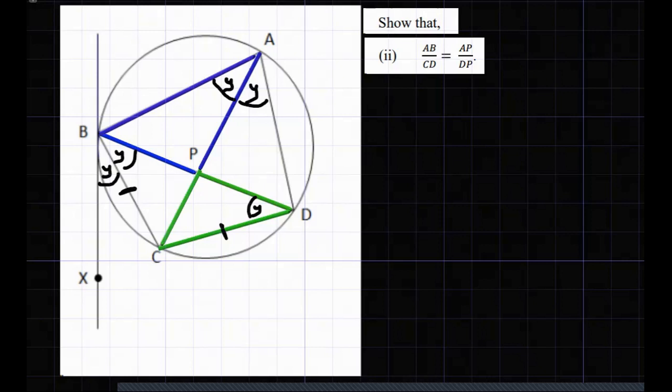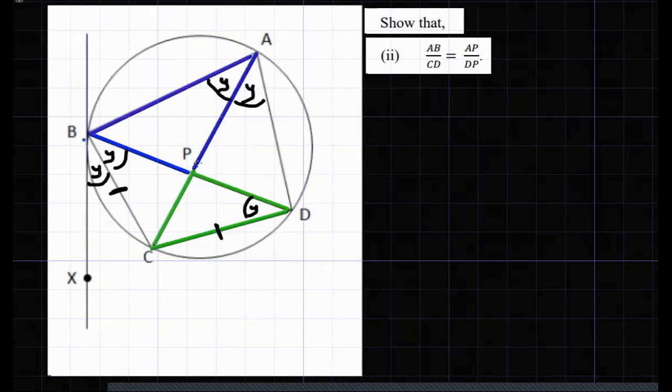Because we know if two triangles are similar, their corresponding sides are proportional. So it's highly likely the examiner is trying to test that knowledge of ours. So let's check. Look what they have said. AB. What's AB? AB is a side of this blue color triangle. And AP, that's also a side of the blue color triangle. And what is CD? CD is a side of the green triangle.